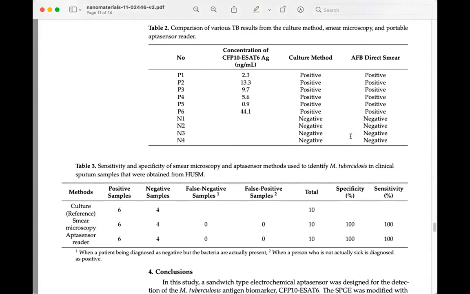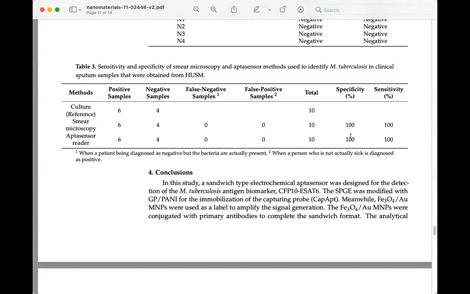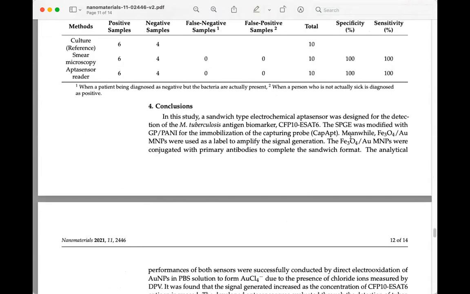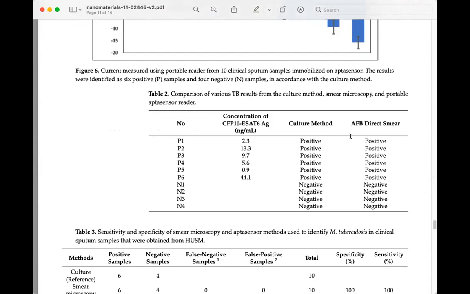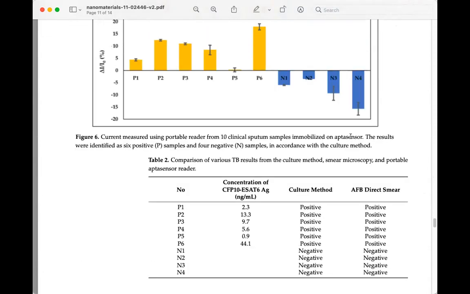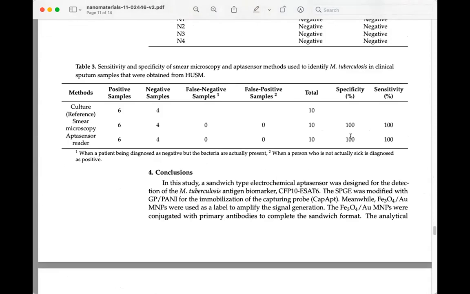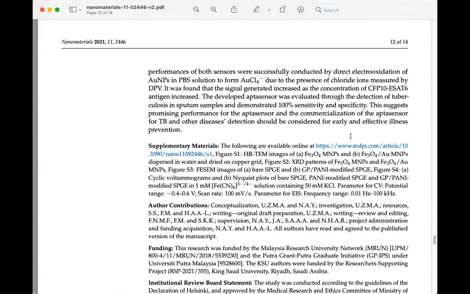Right, so conclusion. Yeah, and error bars, don't forget about error bars. Sometimes, because journals usually have limited pages, you cannot have as many pages as you want.